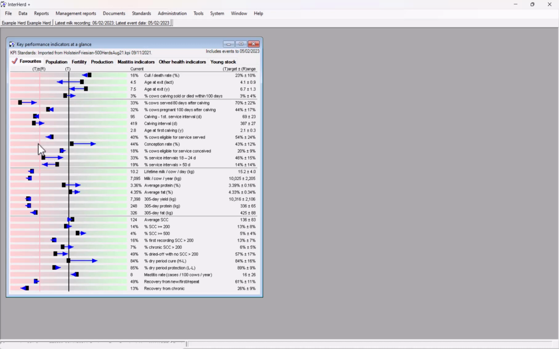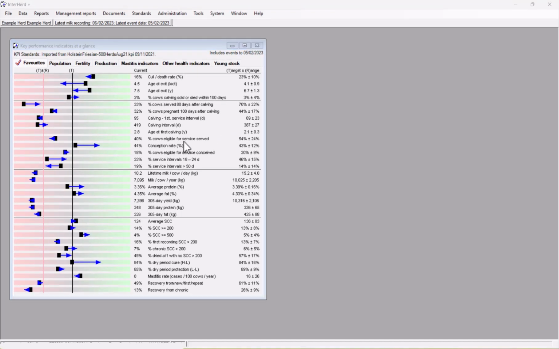If the black square is to the right of the target line, then your herd would fall in the top 25% of herds. For example, for cull, death rate, age at exit in lactations and age at exit in years. If to the left of the pink line, your herd would fall in the bottom 25% of herds.